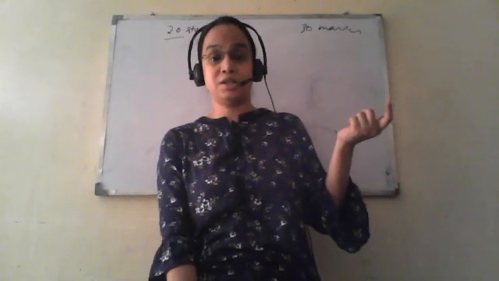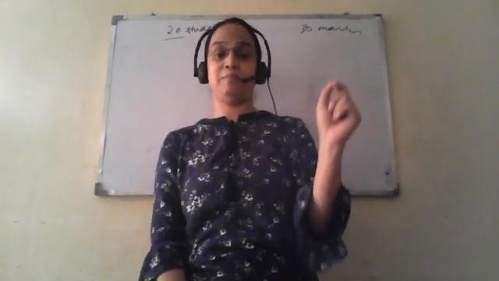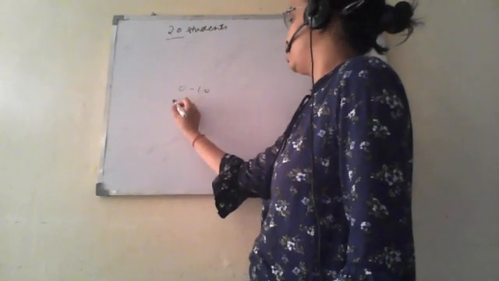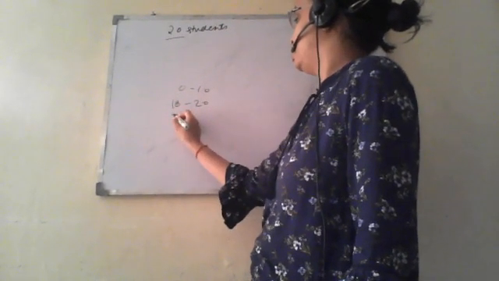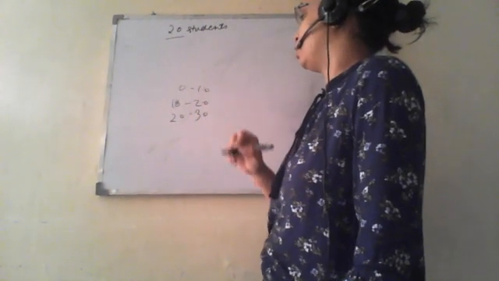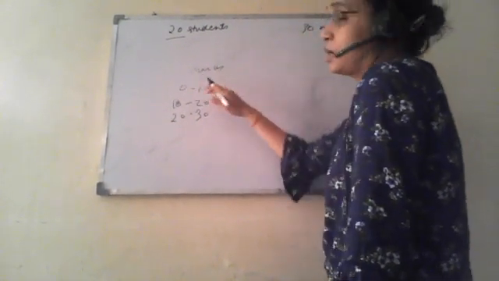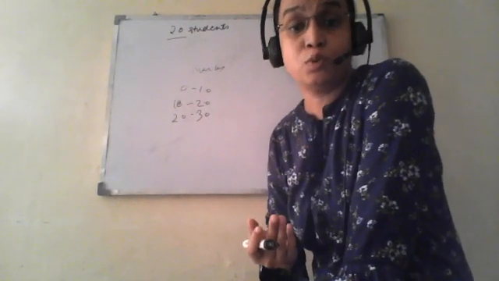It can be in range form, like 0 to 10, then 10 to 20, 20 to 30. So these are the ranges of marks, and in each range, how many students are there.